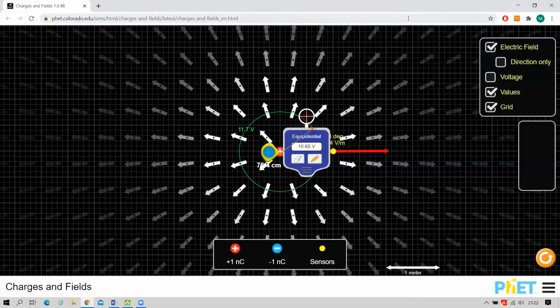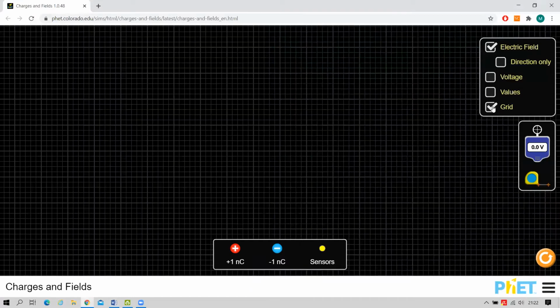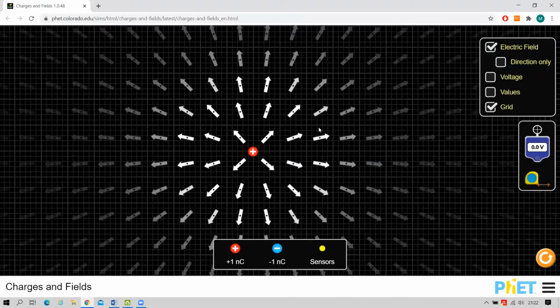To explain what we mean by this, let's go back to the simulation again. As the report says, let's click on a grid, place one positive charge in the center of the grid and check the electric field box. The question is, what do these arrows represent?